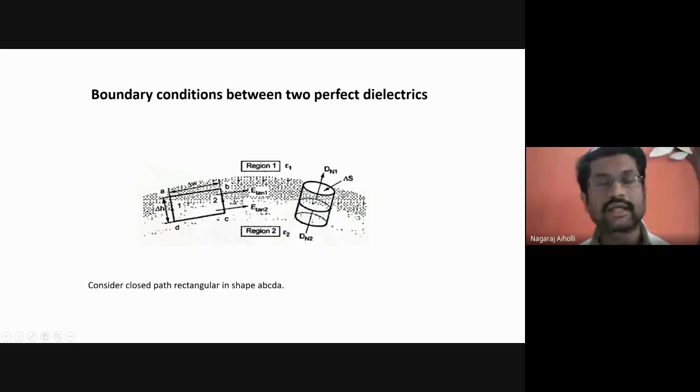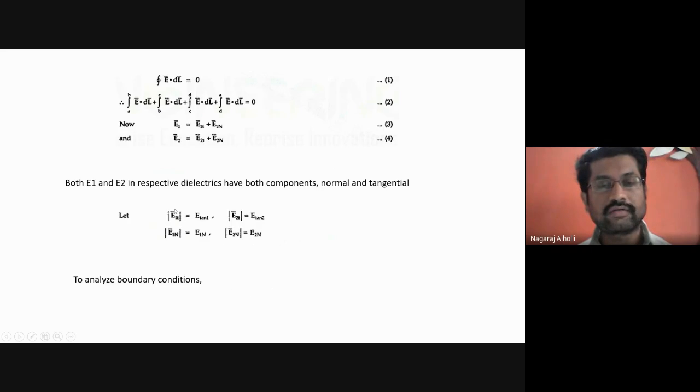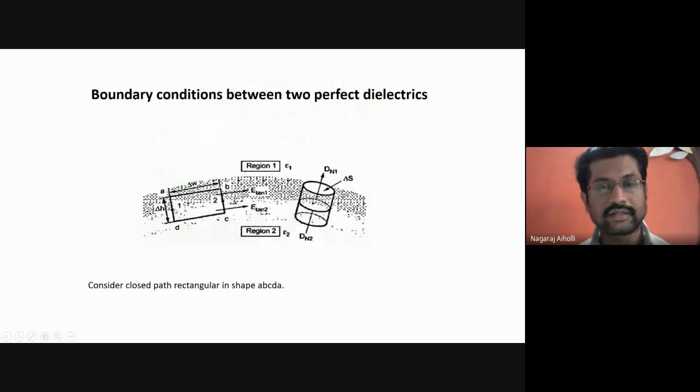What should be the height delta h? Yes, anybody? What should be the height delta h? We have to find the conditions near the boundary or at the boundary between region 1 and region 2. So what should be the height delta h? For what value of delta h will I be able to analyze the conditions at the boundary?